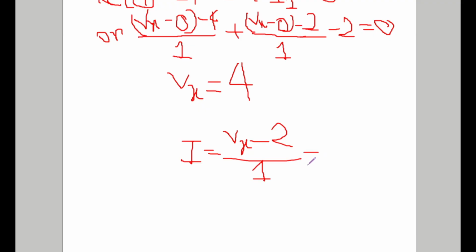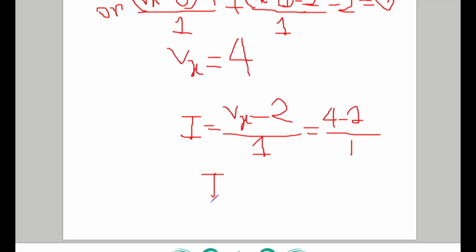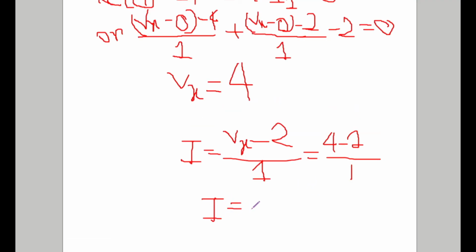So Vx is 4, minus 2, divided by 1, so I is 2 ampere.